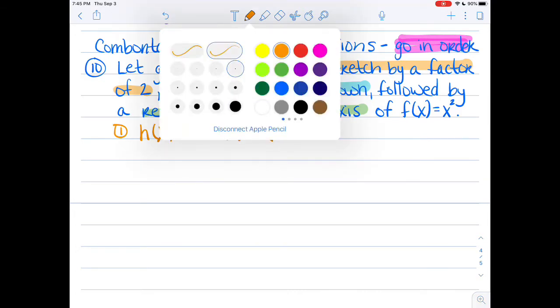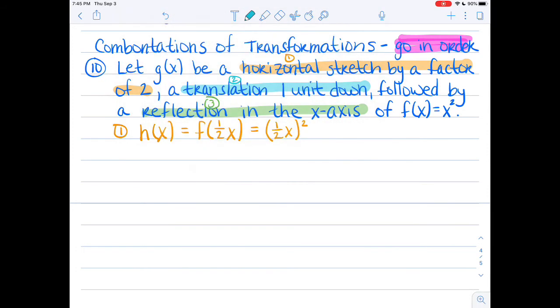Now, let's go ahead and look at the second transformation. So the second transformation, I'm just going to call it j. I's look too much like 1, so I'm going to skip I and go to j. So j of x now, we're no longer starting with our f of x. We're going to start with our h of x, our function that has already been transformed, and we need to translate it 1 unit down.